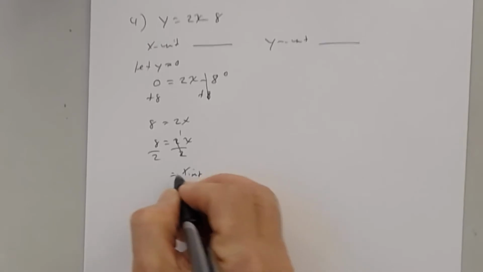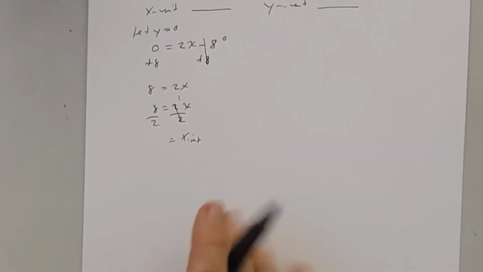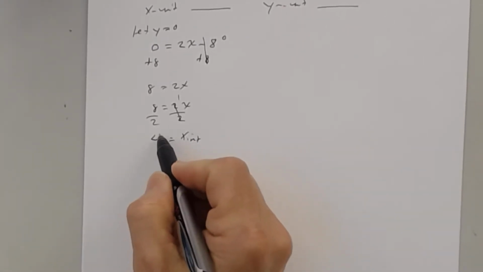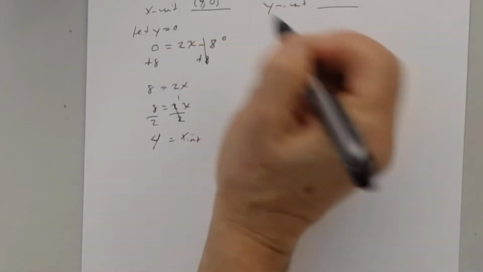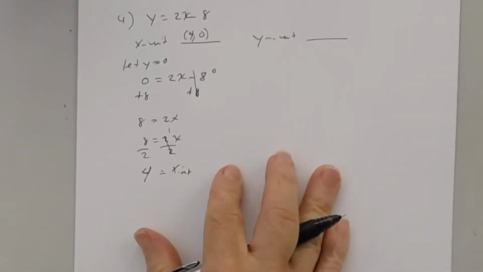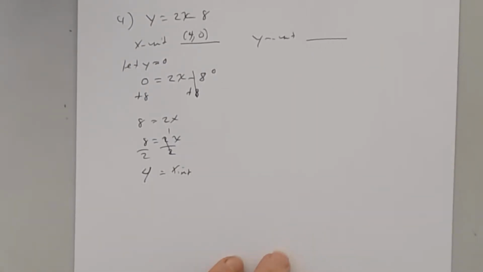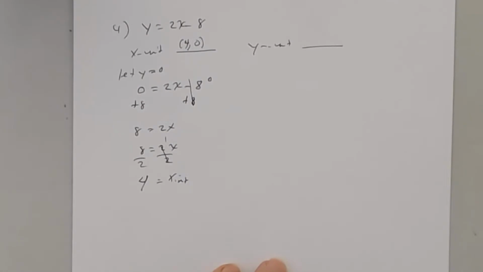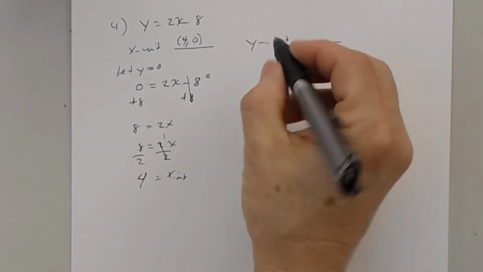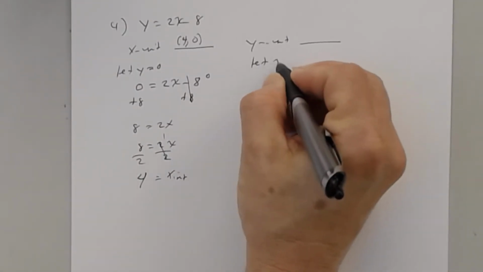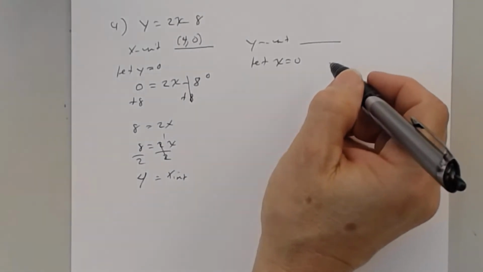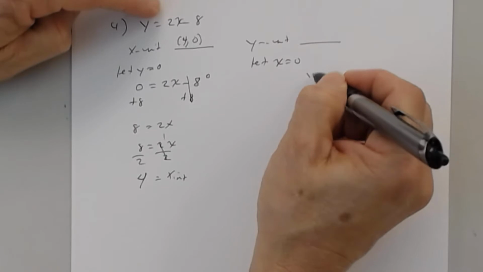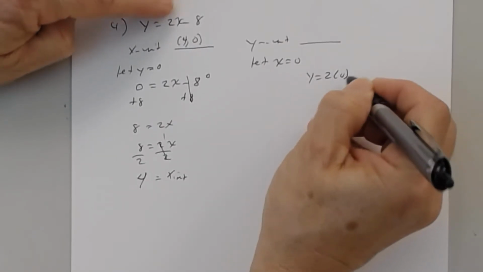Where will the graph cross the x-axis? At what number? 4. As an ordered pair, it's 4 comma 0. To find the y-intercept, you let x equal 0. So I get y equals 2 times 0 minus 8.